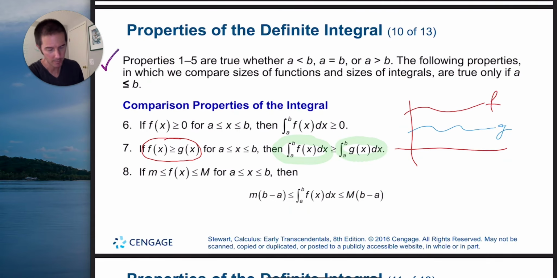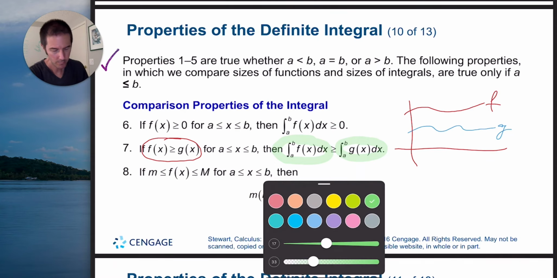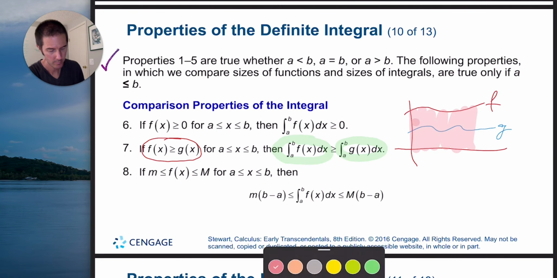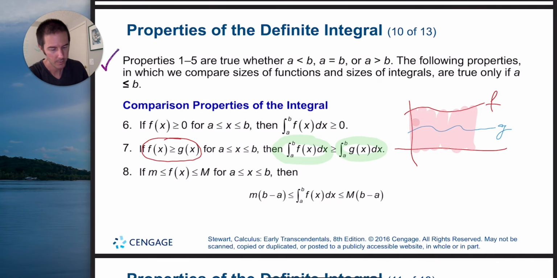Yeah, definitely. This area is definitely larger than this area. Told you it was kind of commonsensical, but nice to see some beautiful illustrations to go along with it, right?